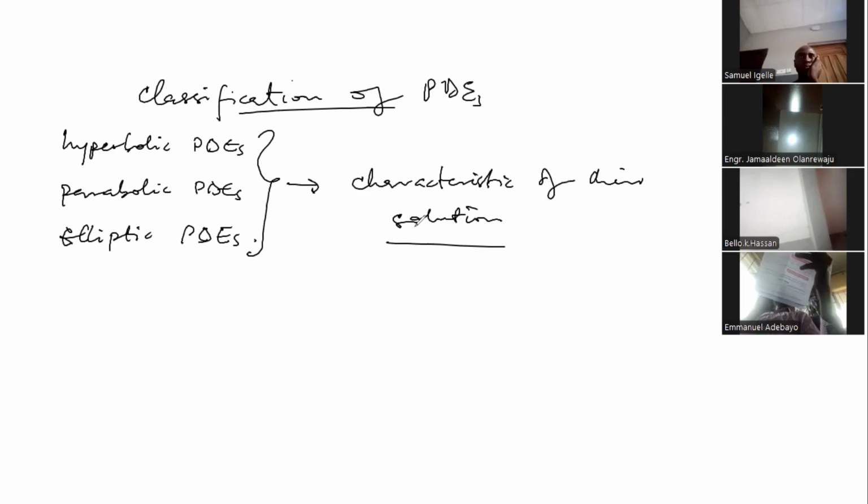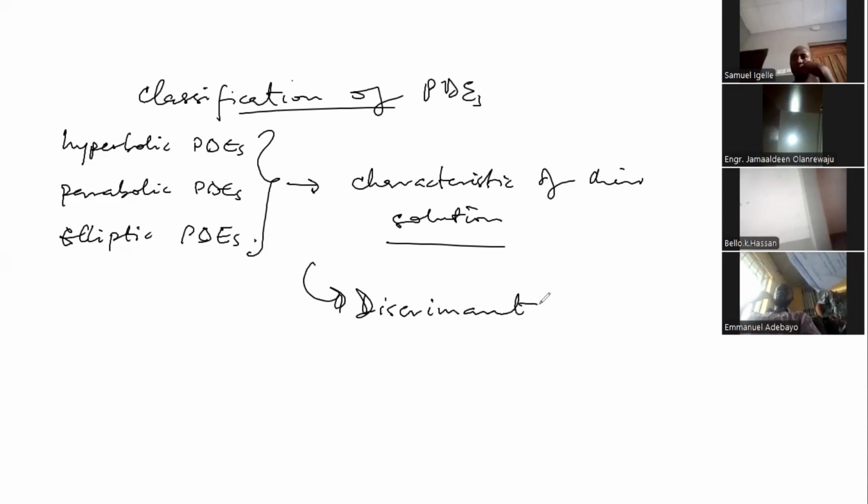Okay? So what I'm trying to say is that the characteristics of their solution is primarily defined by a certain parameter, which we call the discriminant, involving the coefficients of this equation.